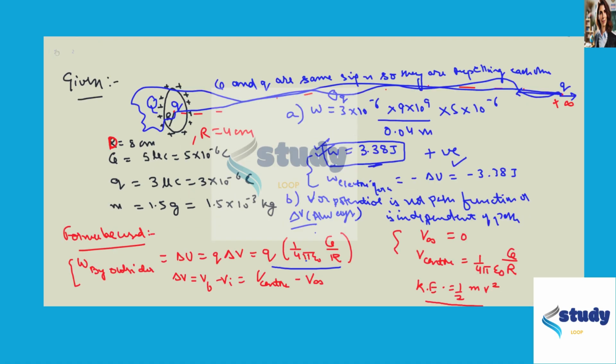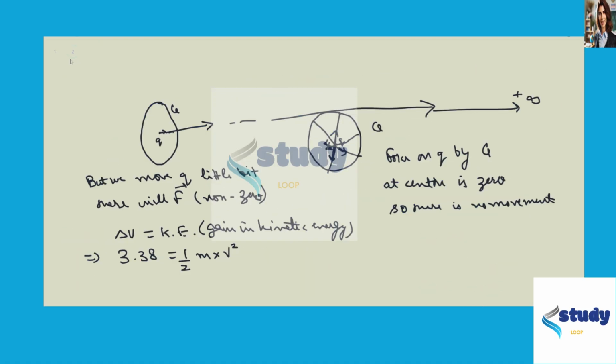Mass is given, which is 1.5 into 10 to the minus 3 kg. So we have v equals the square root of 2 into 3.38 over 1.5 into 10 to the minus 3. Using a calculator, you can find out the value of v here. So it's very easy. This equals 67.1 meter per second.